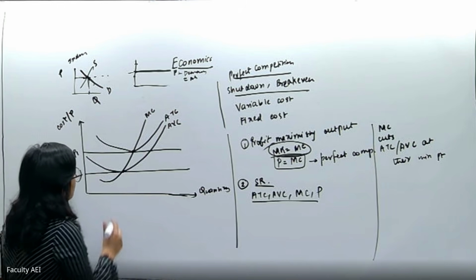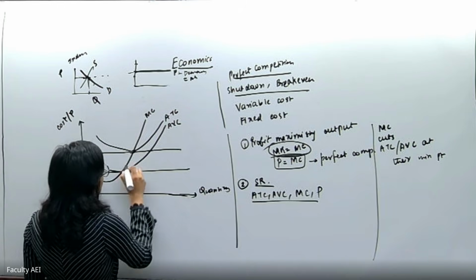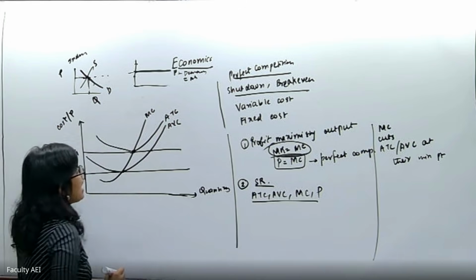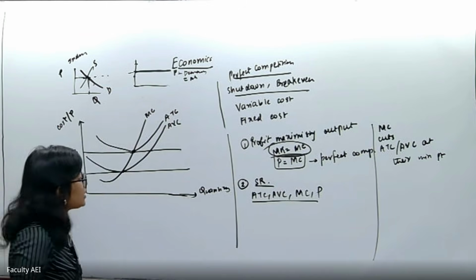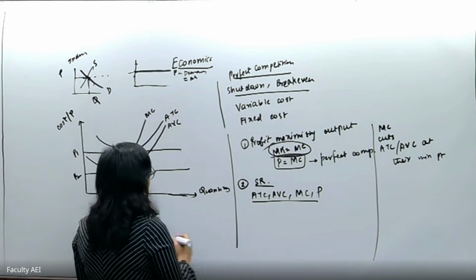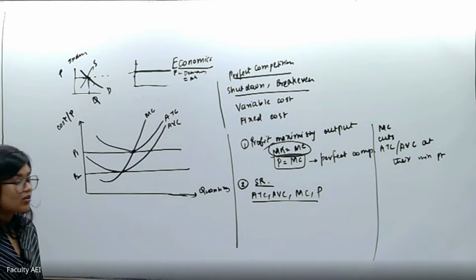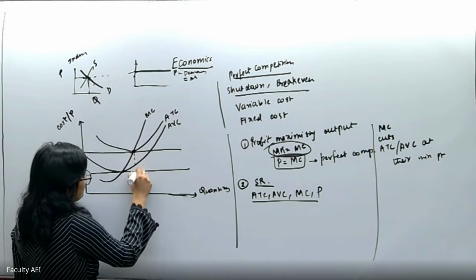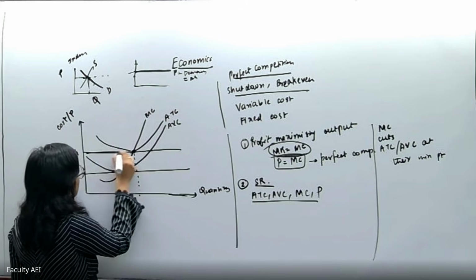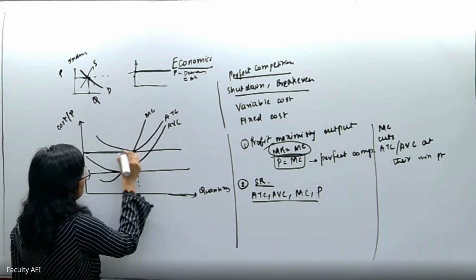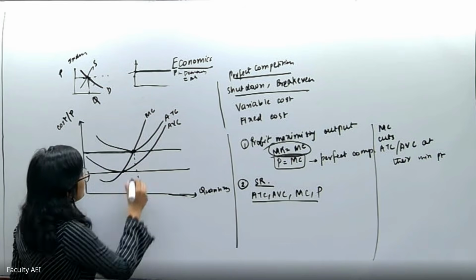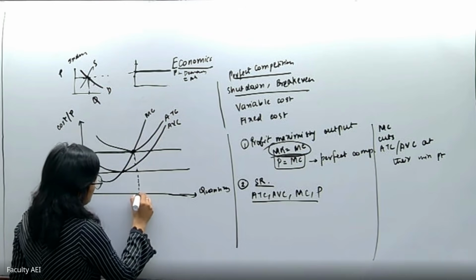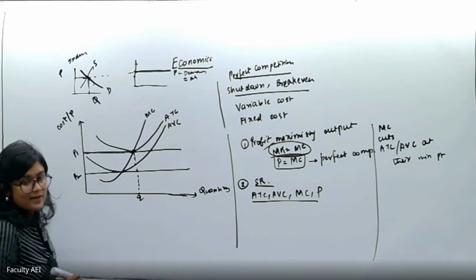At P1, this is my price, and my price is here equal to average total cost. So at P1, no matter whether it is short run or long run, my price is able to cover the average total cost. Basically, this is the price, and because price is equal to the marginal cost at this point, this would be the quantity I would be selling, the profit maximizing output.